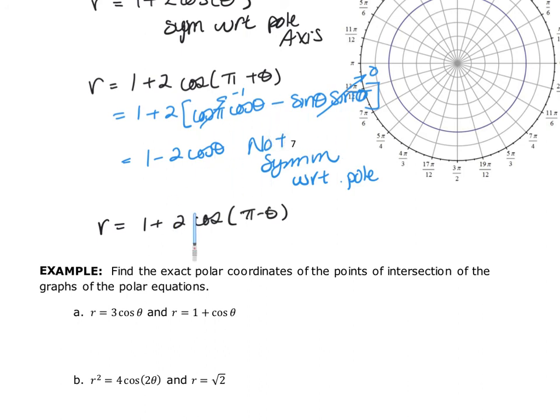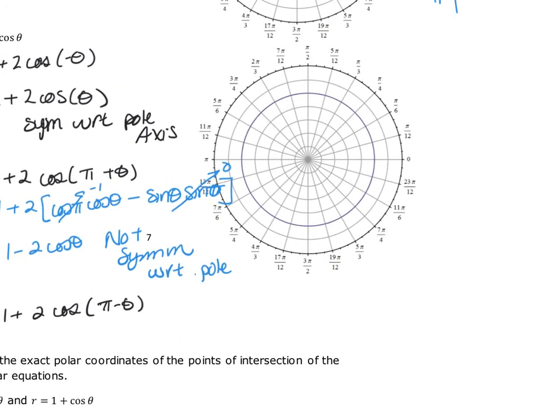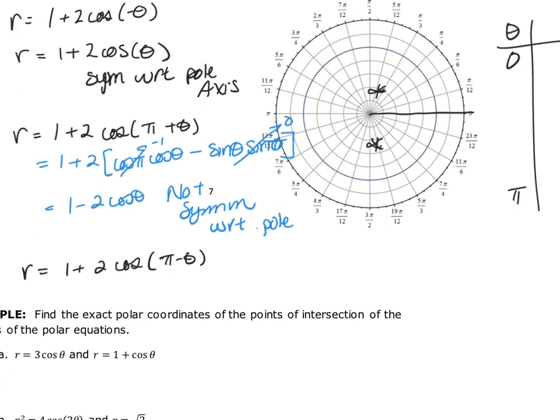This will be a plus. So we know that's not going to be symmetric. So we have symmetry with respect to the polar axis. So what that means then is that when I go to graph this here, when I do my theta, I'm going to start at 0, I'm going to end at pi, because whatever happens on this side will also happen on this side.